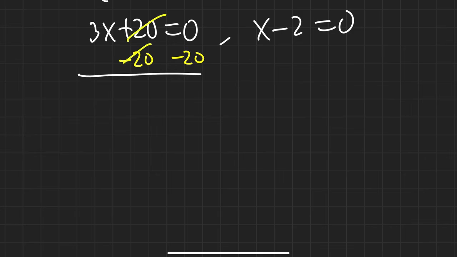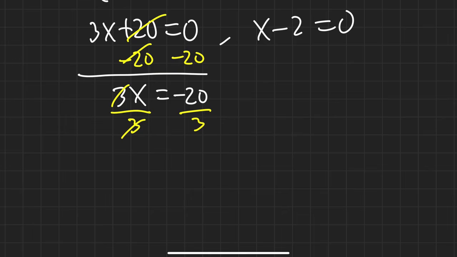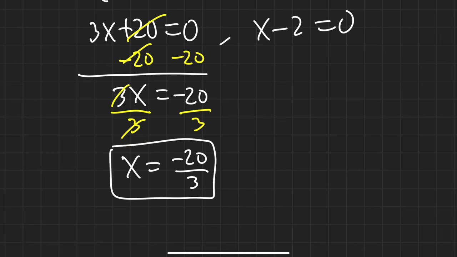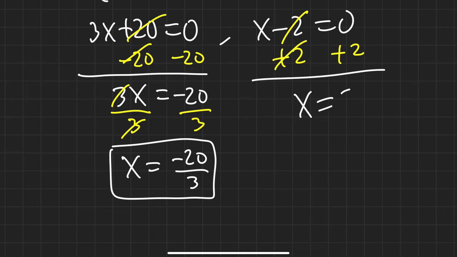And we will have 3x is equal to negative 20. And then divide both sides by 3. So x equals negative 20 over 3. And now for the second one, just add 2 to both sides. And congratulations, x is equal to 2, and we are done.